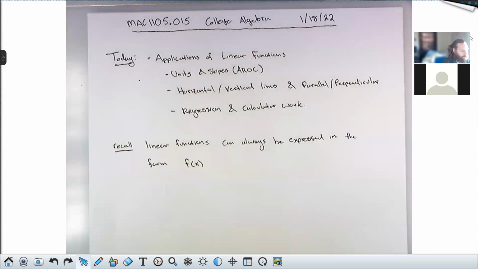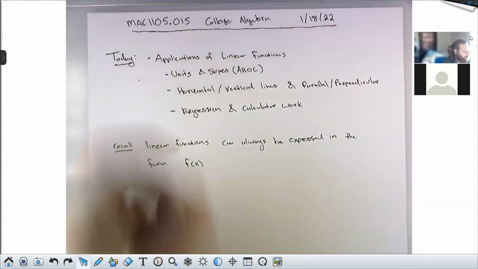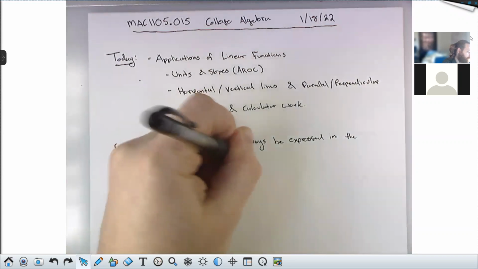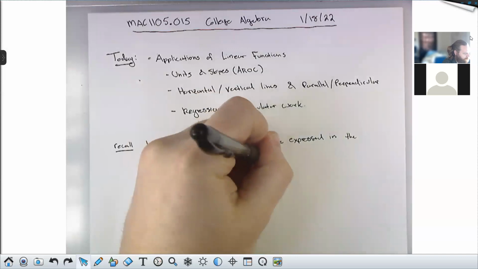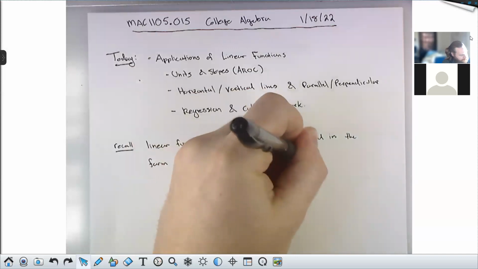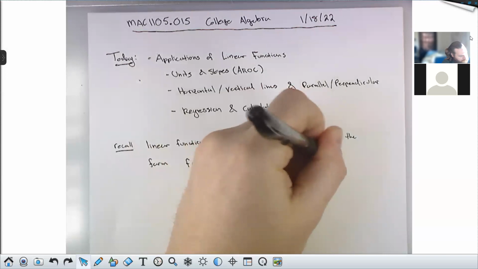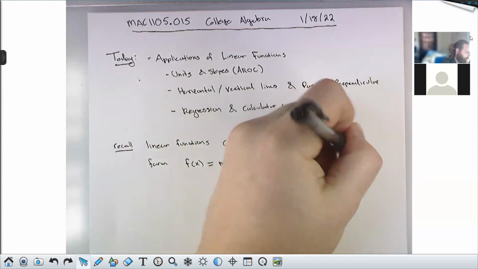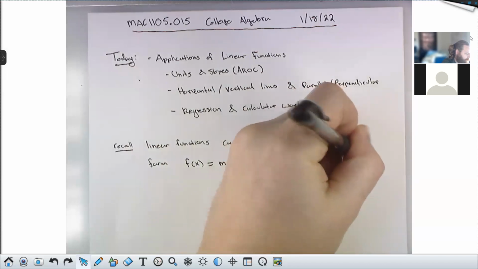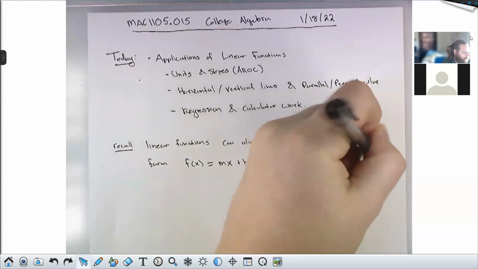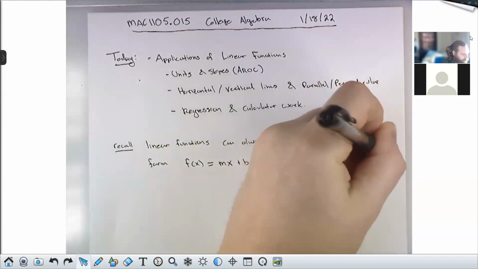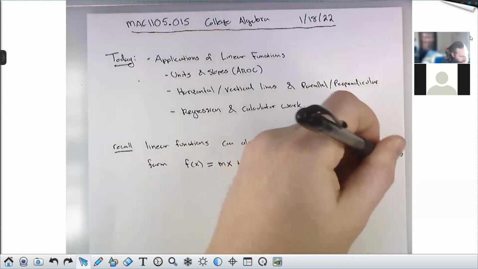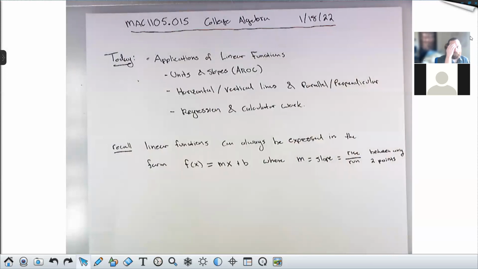Sometimes you'll see a y here, but when we want to talk about a function, we'll write f of x in place of y. Here m is the slope, which you can calculate as the rate of change, the rise over the run between any 2 points on the line.